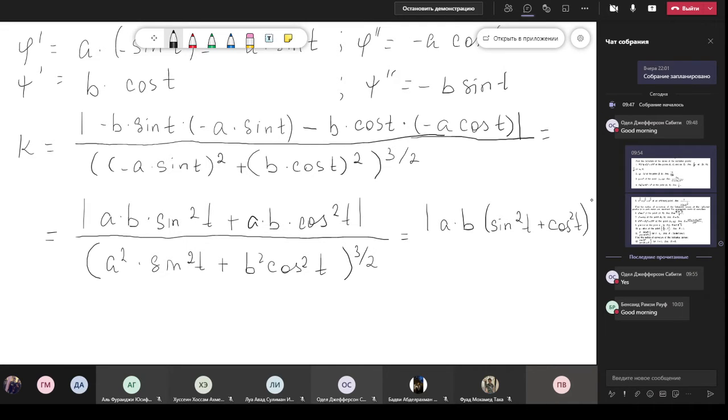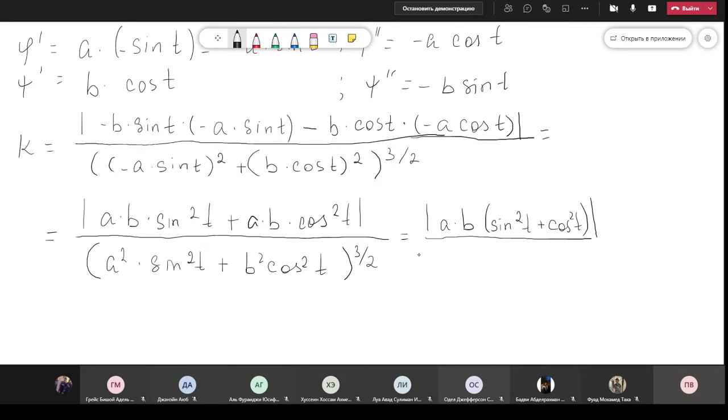Close our bracket, close our modulus, and write our denominator. In our denominator stays a squared times sine squared plus b squared times cosine squared.